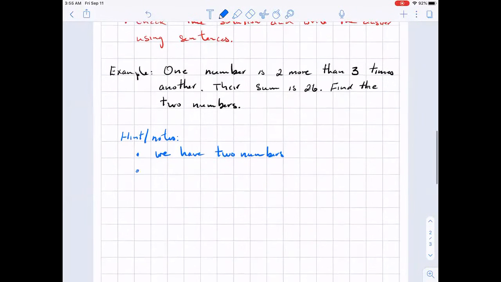We also know the sum of the two numbers is 26.